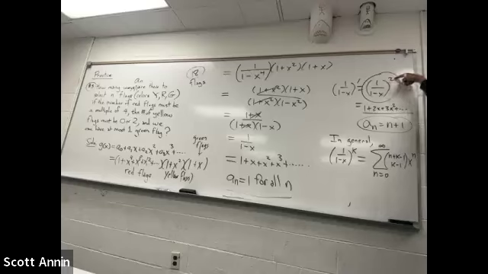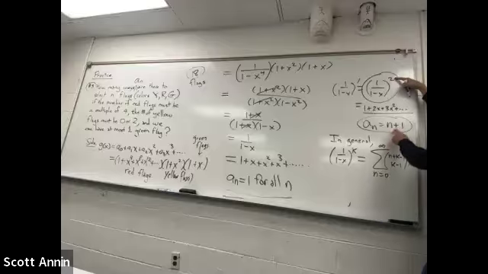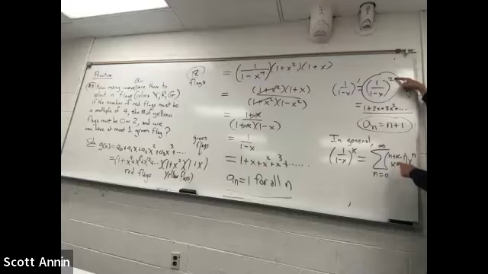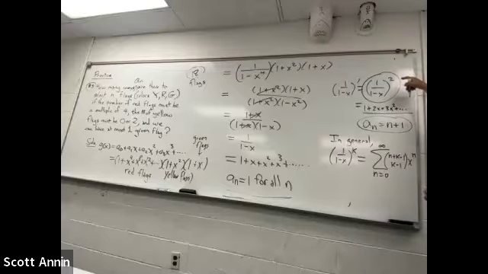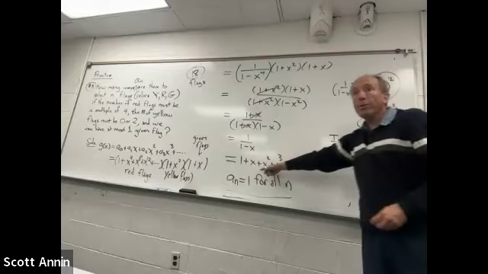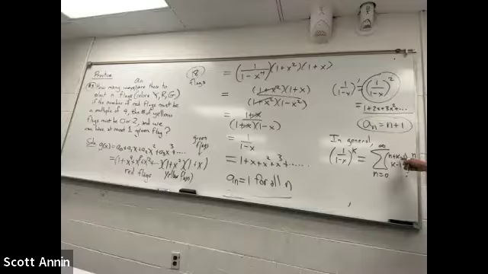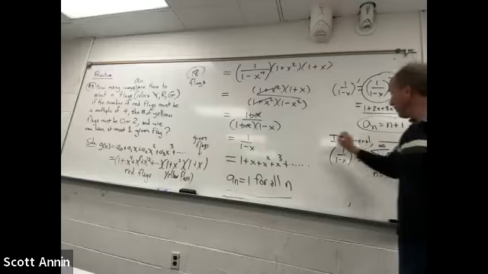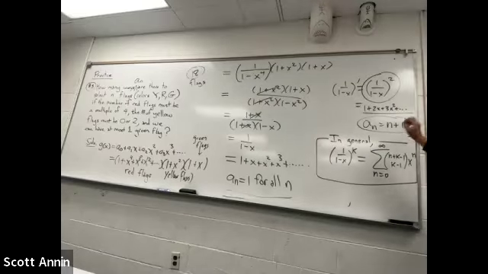The one right here is just when k is equal to 2. If k is equal to 2, you just get n plus 1 choose 1, which is n plus 1 for the coefficient. If k is equal to 1, it's just this one, and that's n choose 0, which is 1. But this can be generalized for any value of k.